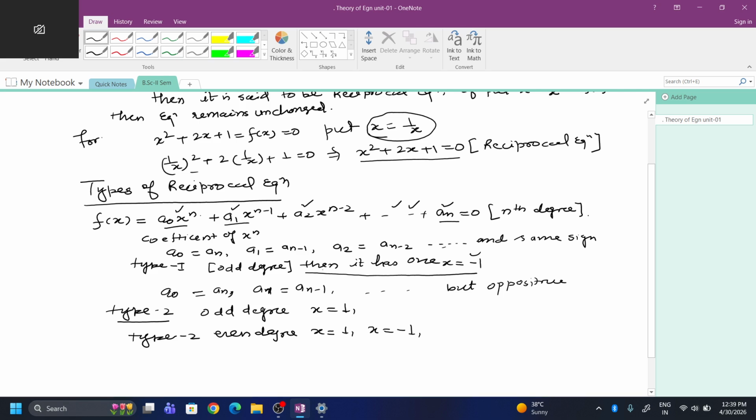If it is of odd degree, then x = -1 is a root. And suppose the coefficients are equal but of opposite sign, then it is called type 2. For odd degree there is exactly one root, x = +1. And if it is an even degree of type 2, then there are two roots.